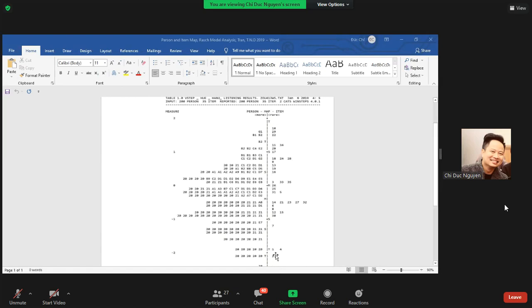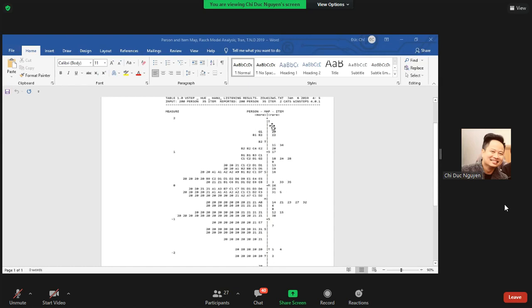So items number 1, 2, and 4 are the easiest ones. Items number 10, 29, and 22 are the most difficult items. And that is about the item difficulty. And here is the number of students who got each one correct.